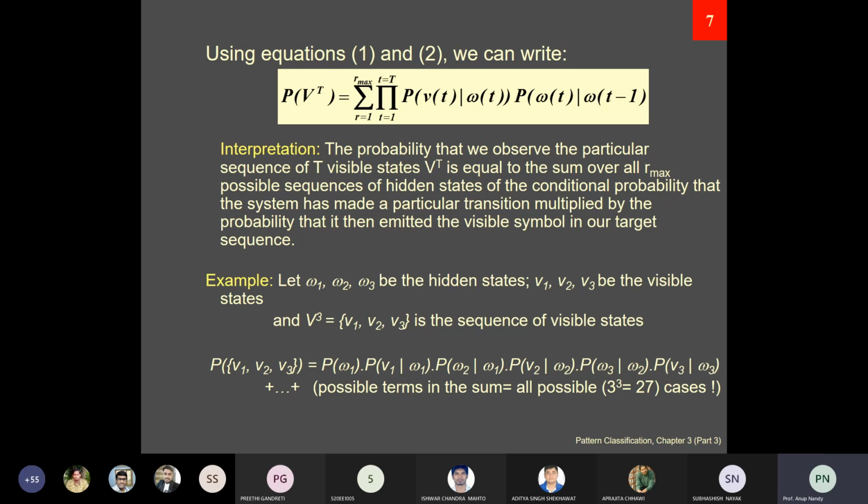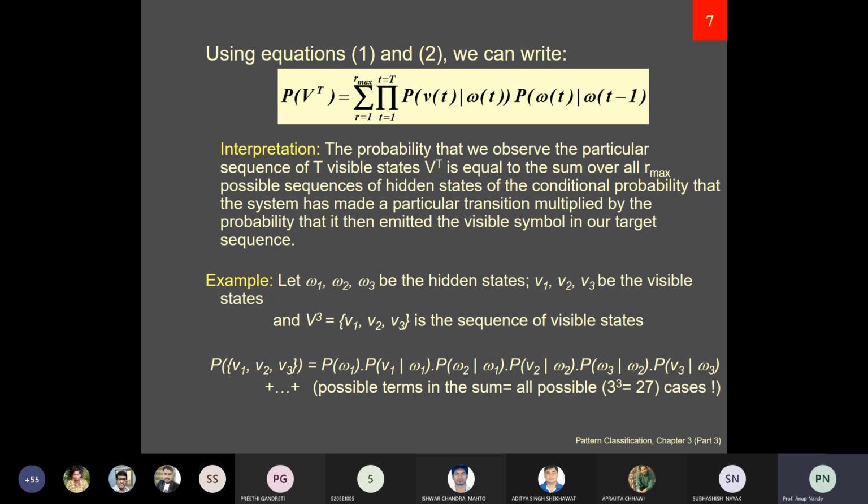The probability that we generally observe a particular sequence of T visible states, denoted by VT, is equal to the sum over all R max possible sequences of hidden states of the conditional probability.